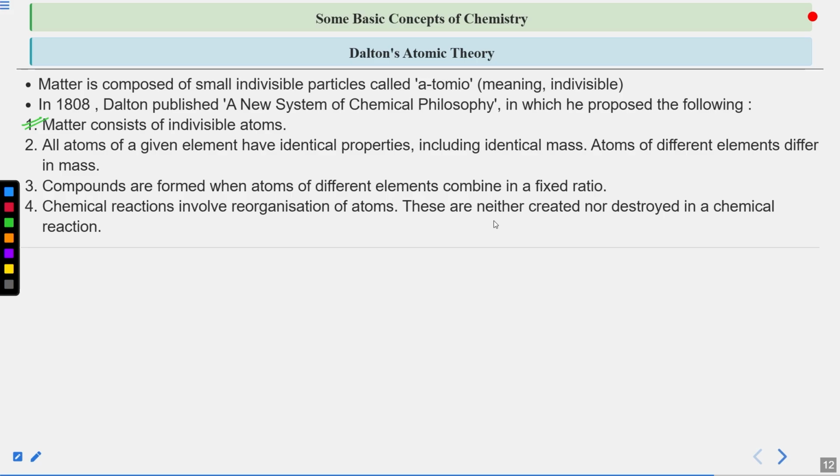But later on, this Dalton's atomic theory has some drawbacks which were seen as a result of the experiments that were conducted after the proposal of this atomic theory. But still, since it was the first atomic theory, you must know how atoms came into existence.